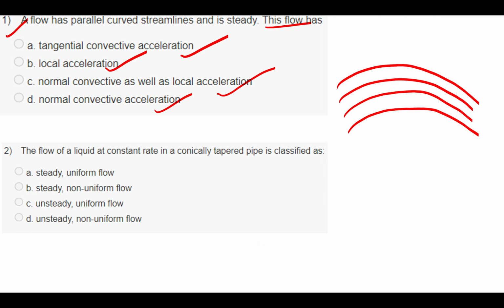So basically, when the flow is in a curved pattern, what will happen? When the flow is a straight line, your particle is moving in only one direction.